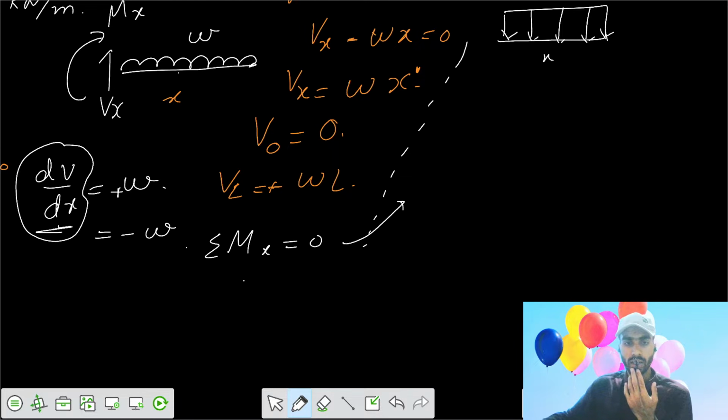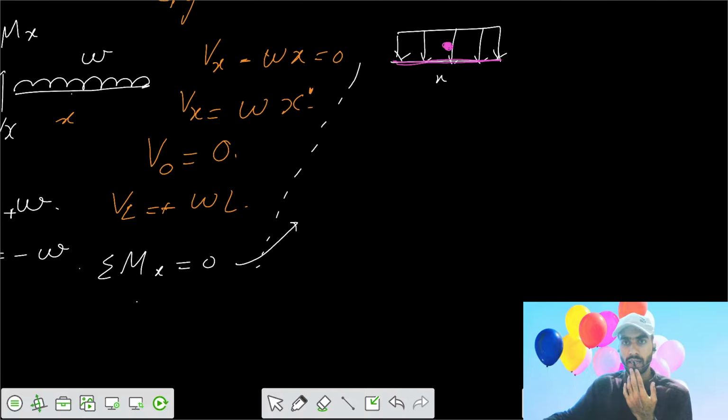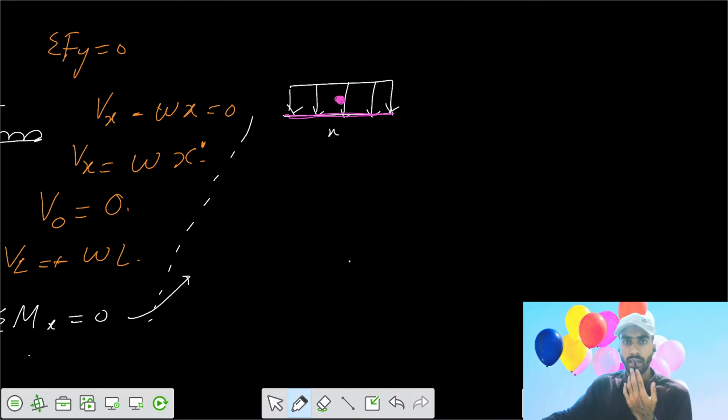The load acts at the centroid, at the mid of that x, at x by 2. So you can treat the equivalent load of that UDL as acting at this point with a total load equal to W into x, W kilonewton per meter into x meter.